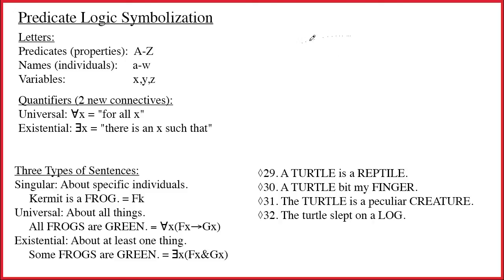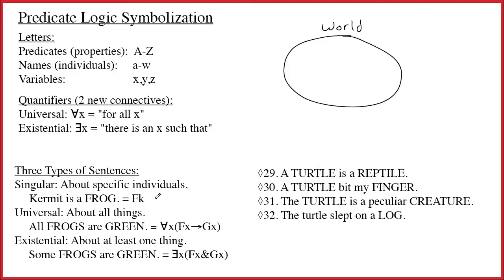So let's put the world up here. Always convenient to have the world handy. And let's talk about these four sentences. Number 29. A turtle is a reptile. Is that singular, universal, or existential? The thing to ask yourself, is it talking about all turtles? Or is it talking about at least one turtle?